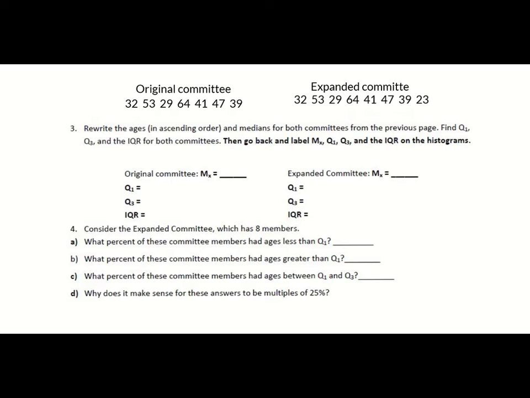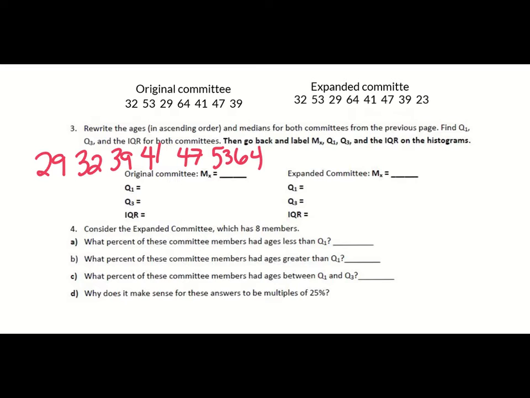Okay, so here was our original data set and our expanded committee. It says to rewrite the ages in ascending order for our groups. So let me write our groups in order. For our original data set, that was 29, 32, 39, 41, 47, 53, 64.